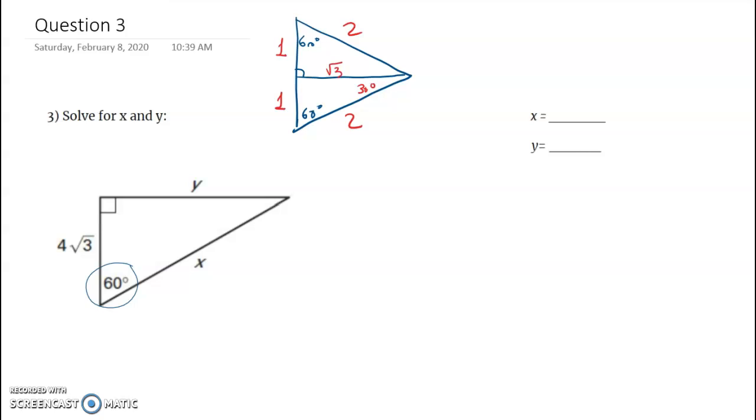So essentially what this tells us is that whatever the short leg is, right? So I'm going to actually say short leg here. The hypotenuse will be twice as long, so twice the short leg. And then the long leg will be short leg times square root of 3. So it's going to be square root of 3 times the short leg.